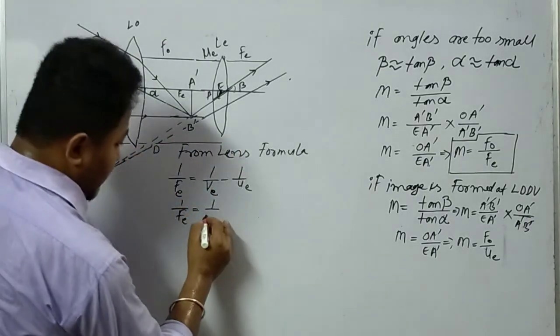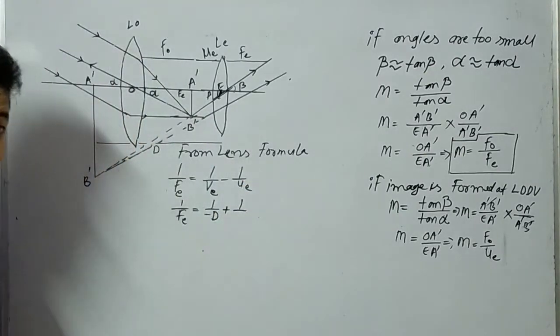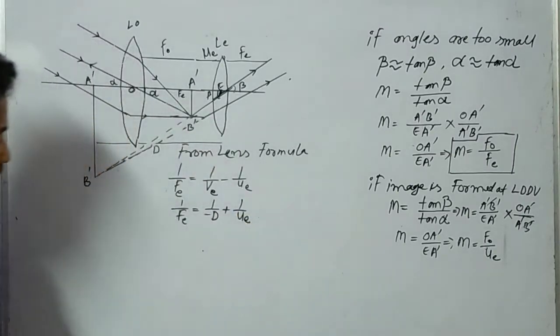Image distance will be minus D here, and object distance is negative. So if I put minus here, it will be minus plus ue.